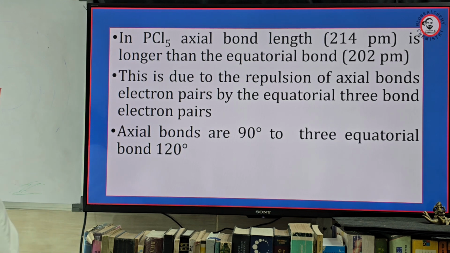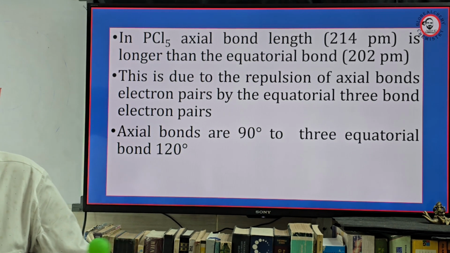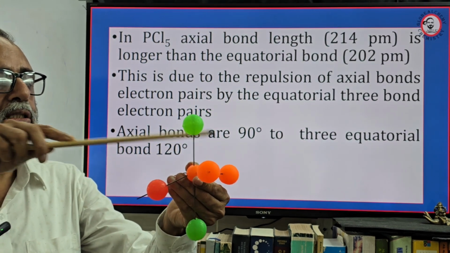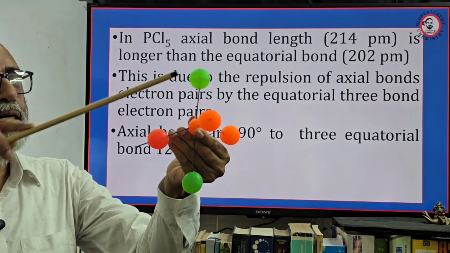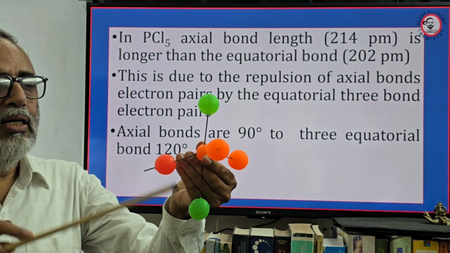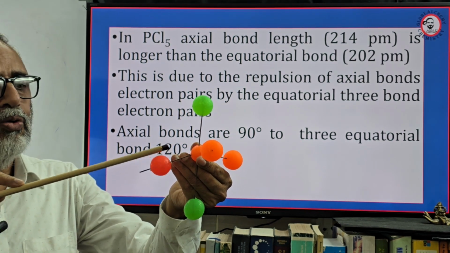You can see here this is the equatorial plane. 1, 2, 3, these are the 3 chlorine atoms in one plane, and these are 2 chlorine atoms. They form the 90-degree angle with this equatorial plane.